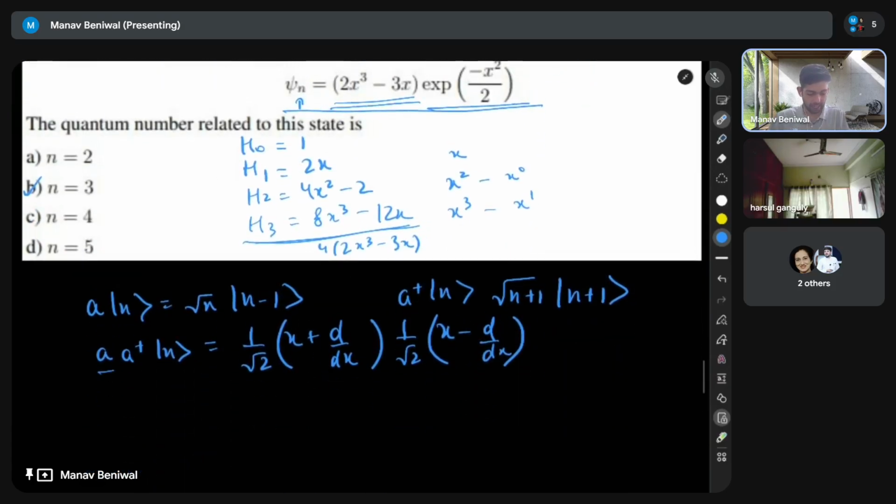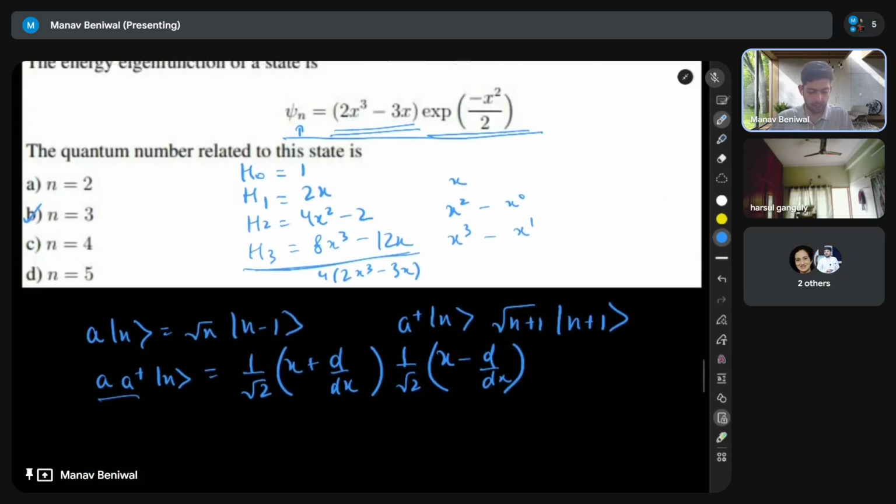So our a dagger becomes this, and our psi of n is 2x cubed minus 3x times e to the power minus x squared by 2. Let's see what we get when we do this operation.